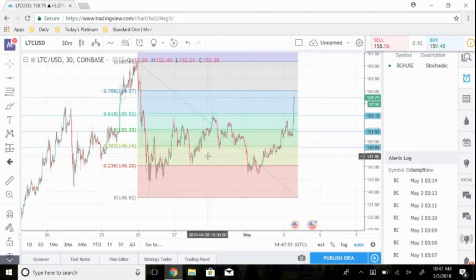I really just like to be able to know when it's most likely to see other support and resistance levels on the way back up, or even, you know, if it teeters around here and then keeps going down.